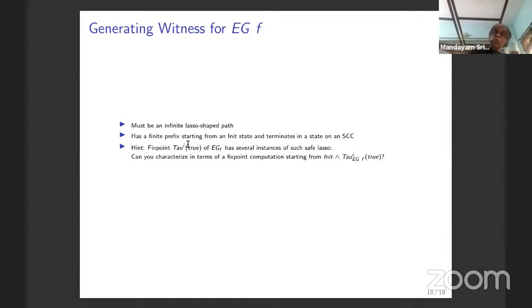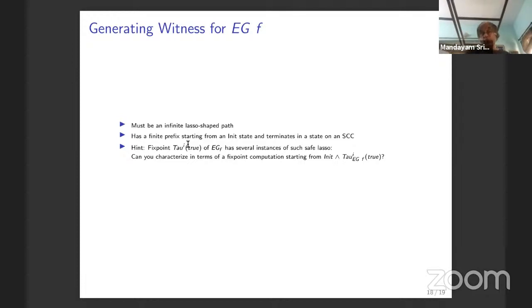In that, you will have to look for a lasso-shaped path, a connected lasso-shaped path. Now the question is, I've given you a hint that the tau that I showed you as an example, I claimed would generate a lasso-shaped path when it reaches its fixed point.